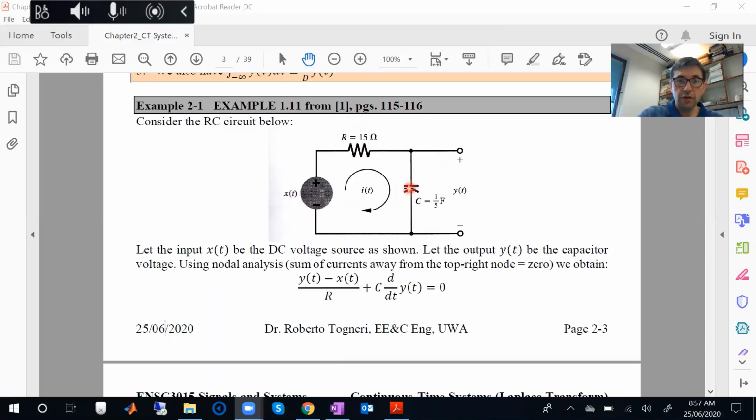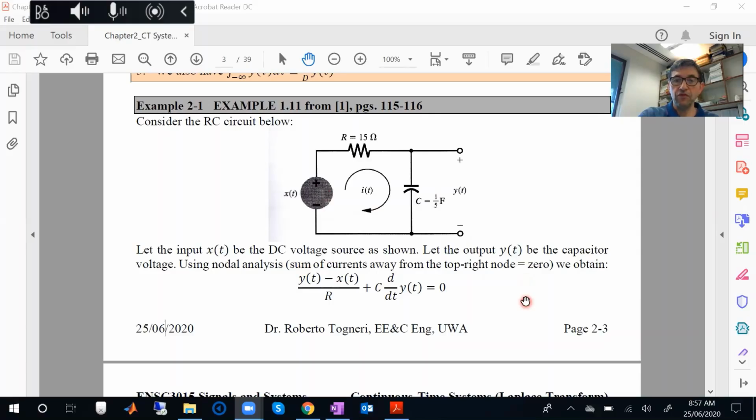You can use node to datum analysis, or nodal analysis, if you want to work out the voltage across the capacitor, which is, by the way, our output Y. So our output Y is the voltage across the capacitor. Our input is, unsurprisingly, the voltage. It's the input. So that being the case, applying nodal analysis, this is what you get.